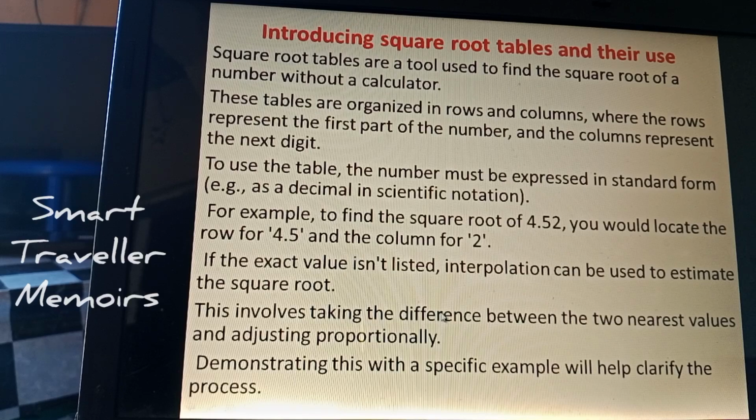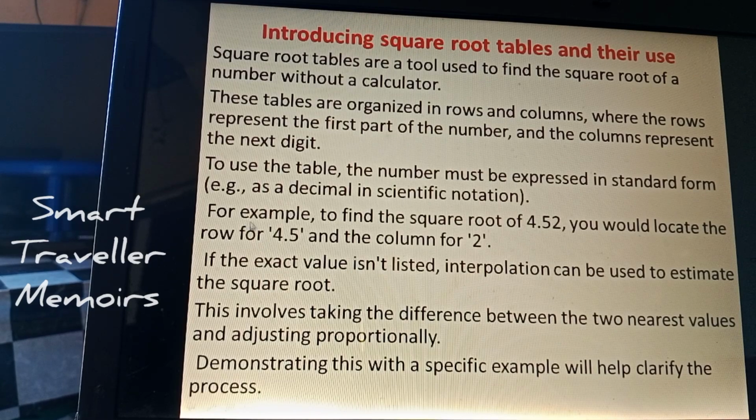Square root tables. Square root tables are a tool used to find the square root of a number without a calculator. The tables are organized in rows and columns, where the rows represent the first part of the number and the columns represent the next number. To use the table, the number must be expressed in standard form as a decimal in scientific notation.